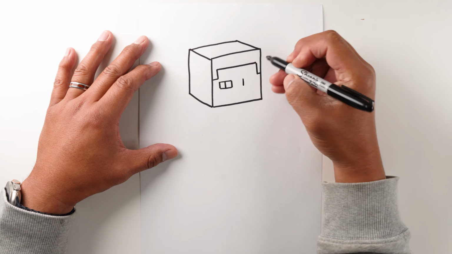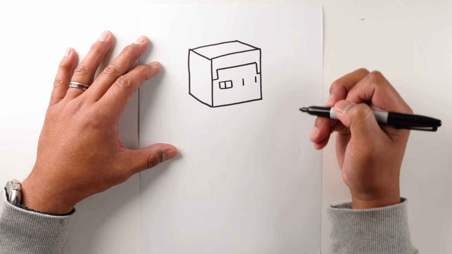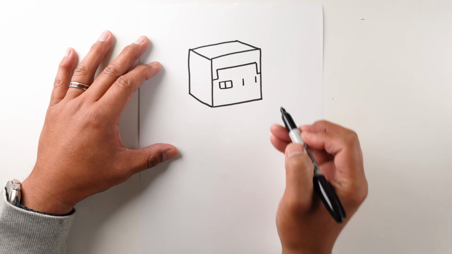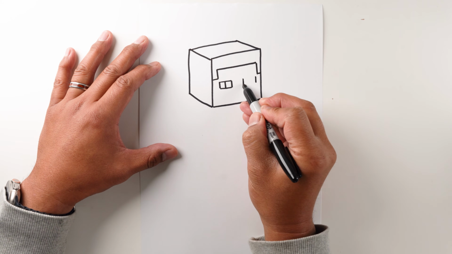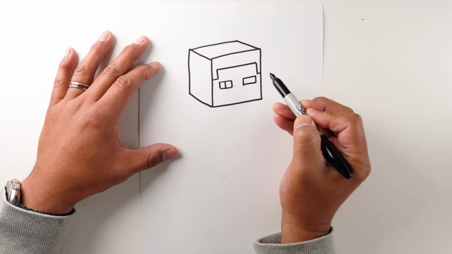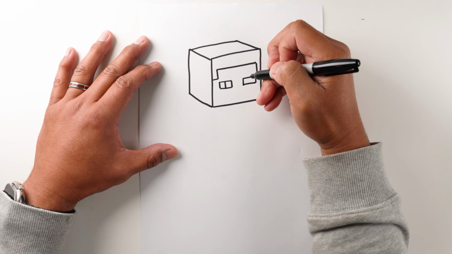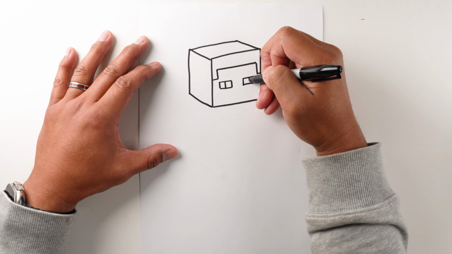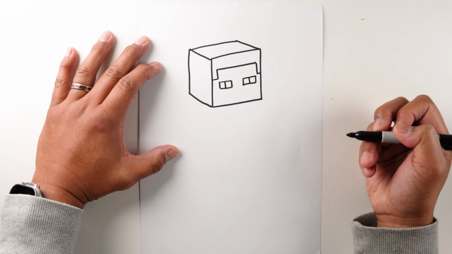We're going to do another one on this side. So I'm drawing these two straight lines like this, and I'm going to connect the two points with a straight line. And then I'm going to divide that rectangle in half for his eyes.